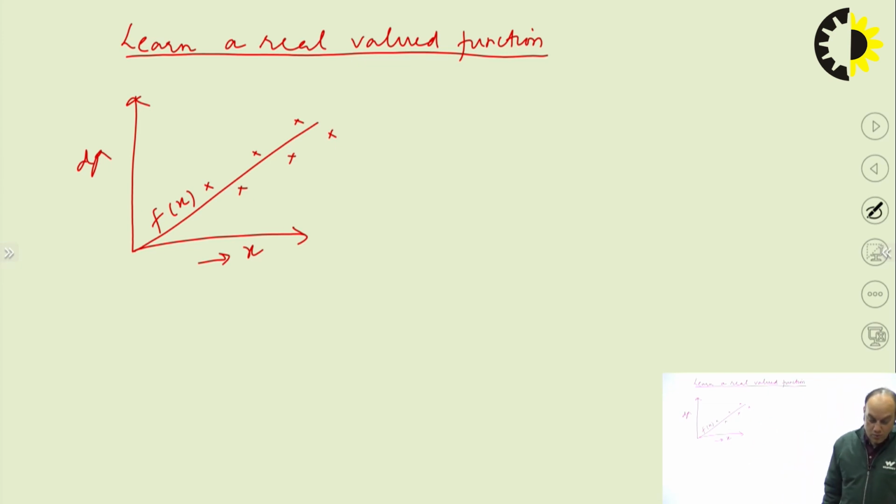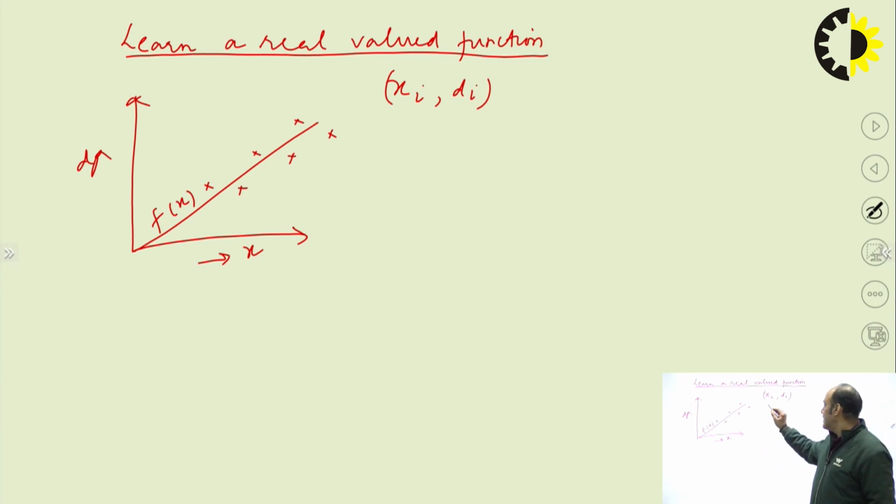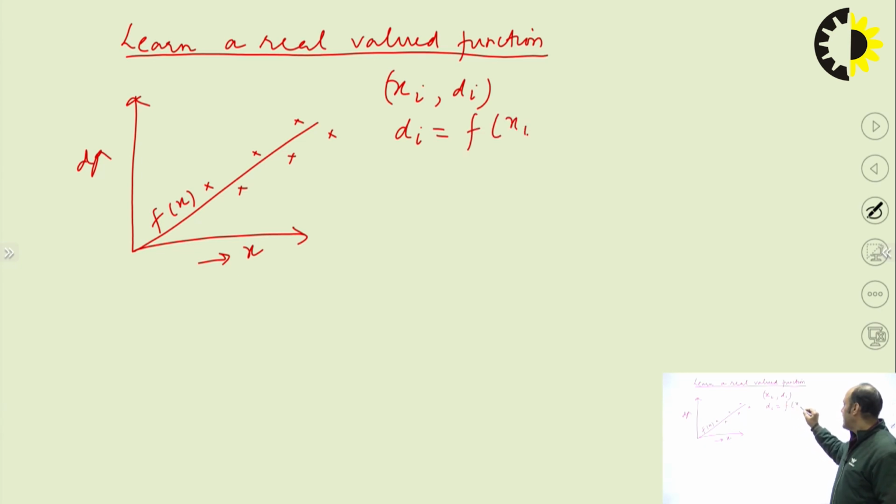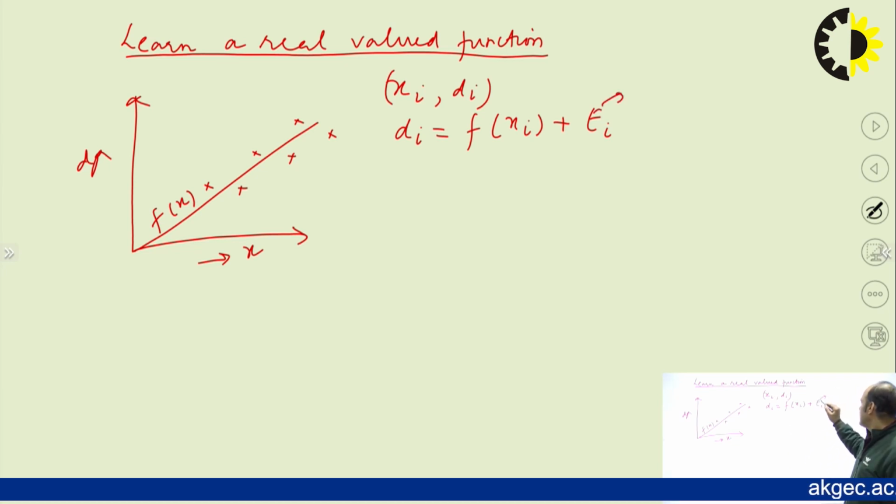Okay. So suppose the data is from a function f, and individual data are generated. So data is given as (xi, di), the individual data points, and di is defined on the basis of a function f(xi) plus epsilon i.